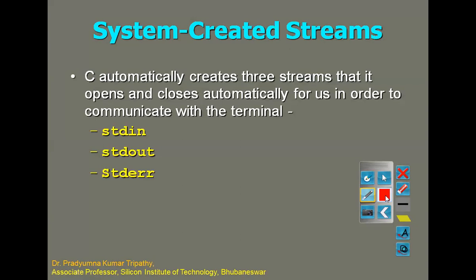Besides that, standard auxiliary devices and other standard devices are there. But in our example programs, we will be using stdin, stdout and stderr. stdin is your keyboard, stdout is your monitor or video, and stderr is also video because the error output also gets displayed on the terminal itself.